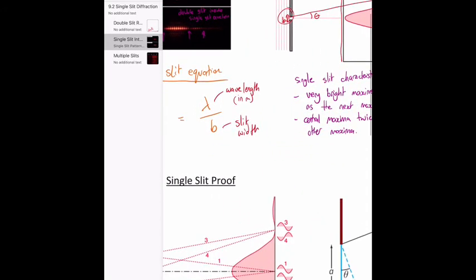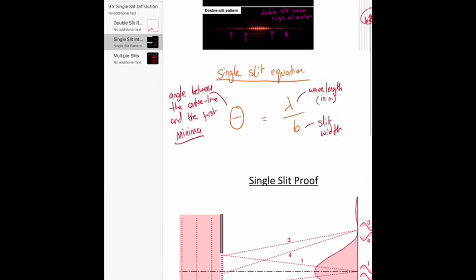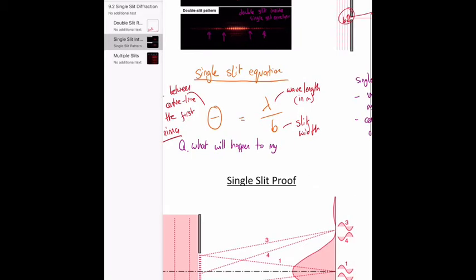But firstly, I'm going to give you a minute just to think about, okay, given this equation, what will happen to my pattern as I increase the width of the single slit?